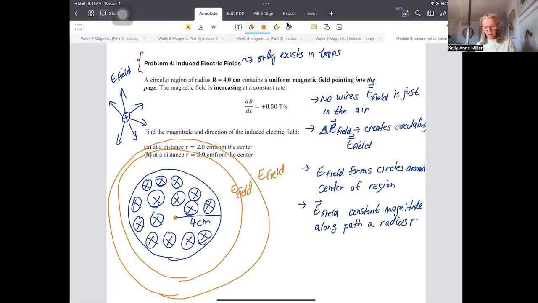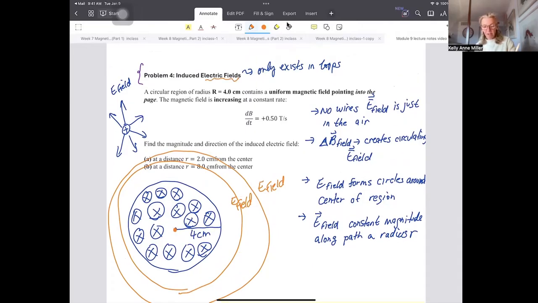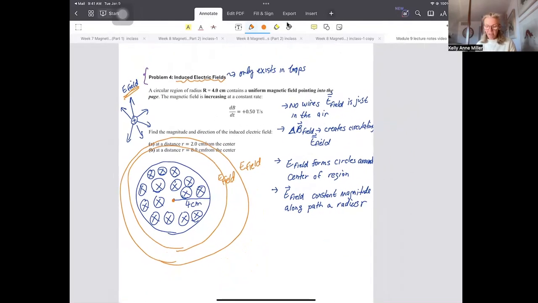Those orange lines that I drew are the induced E fields, which are different from the stationary E field in electrostatics that we did right at the beginning of the course. These E fields are non-conservative E fields that create the current we saw in Faraday's law.